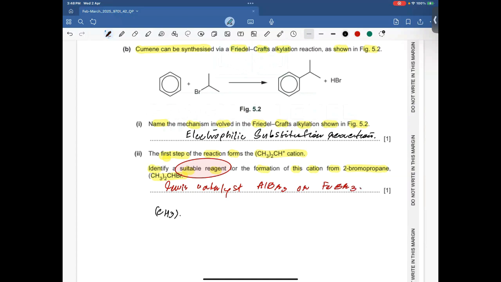CH3 taken to CHBr plus AlBr3 gives you AlBr4 minus plus CH3 taken to CH positive. And guys, look at this. ये 2 degree carbocation है. All right. Let's move on to the next part.